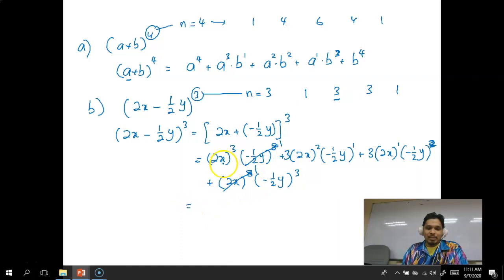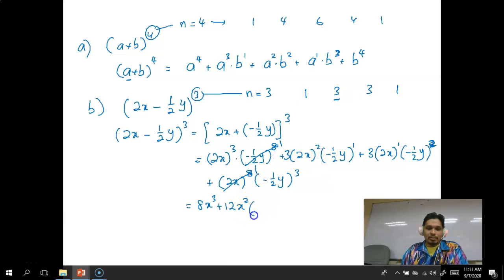So simplifying this, we got 2 cubed equals 8x cubed, and this one here, 2 squared equals 4, 4 times 3 equals 12x squared. And then what about this one here now?